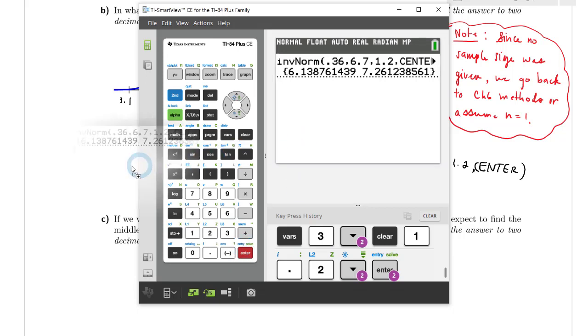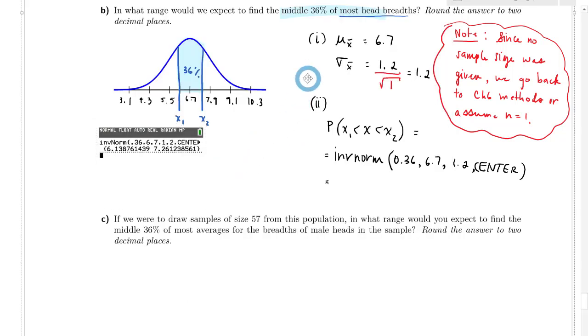So this gives us two values. Let me drag this over. And notice that the two values are given to us, which is really nice, right? So if this probability is 0.36, then the two values which bound the middle 36% are 6.14 and 7.26.